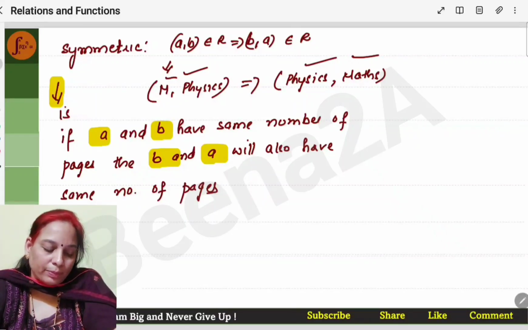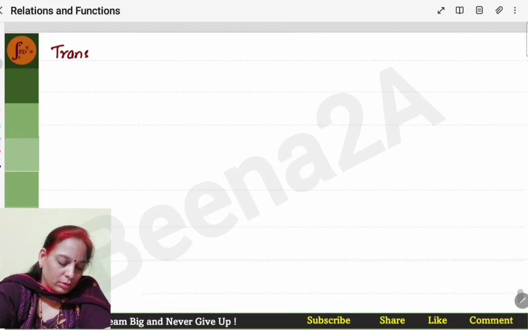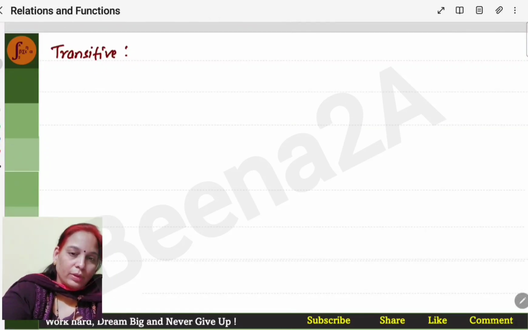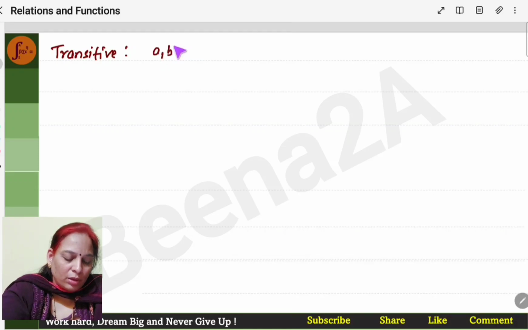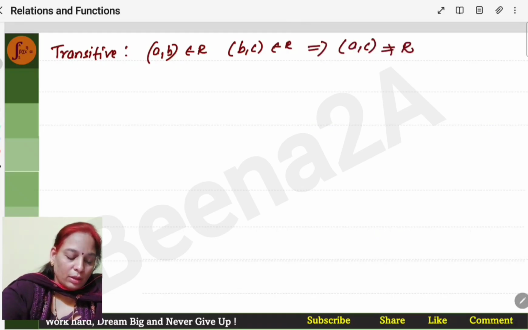Now we'll check if it is transitive. What is the condition for transitive? A comma B belongs to R and B comma C belongs to R should imply that A comma C belongs to R. We'll take the same example.